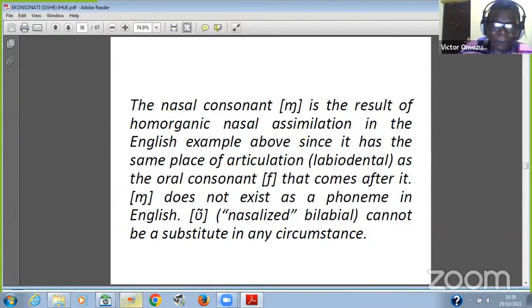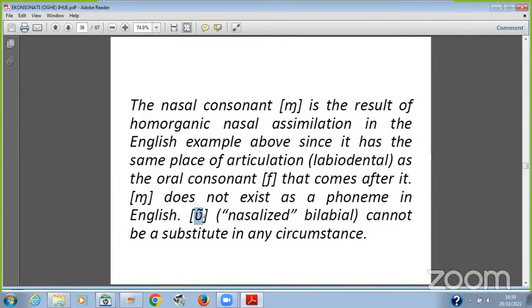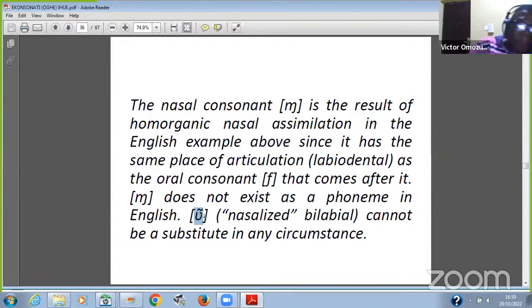Well, you will find this symbol representing the same mi we have been talking about. But this symbol is actually a nasalized bilabial sound. They are not the same. Bilabial place of articulation is different from the labiodental place of articulation.